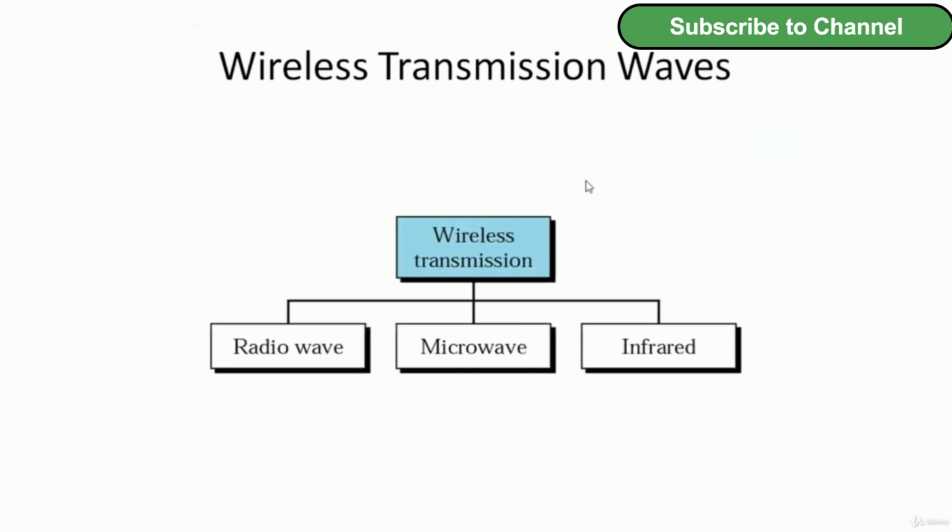Now, we are interested in wireless transmission, how these waves are transmitted. Wireless transmission is categorized in three types. First one is the radio wave, then microwave, and IR or infrared wave. These are the types of wireless transmission.